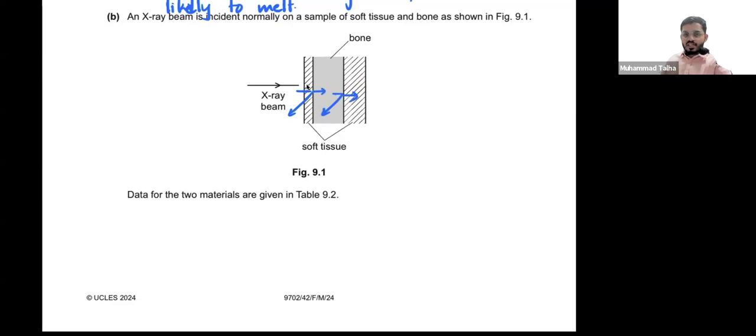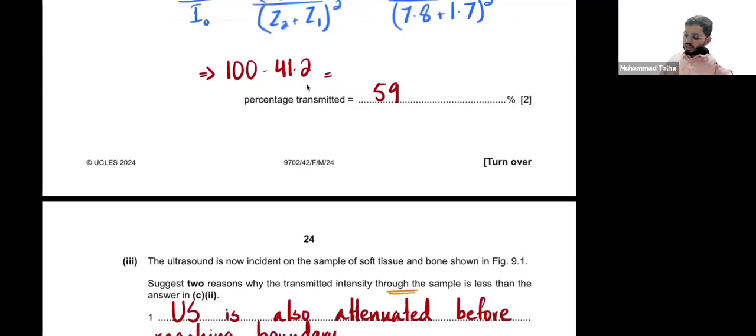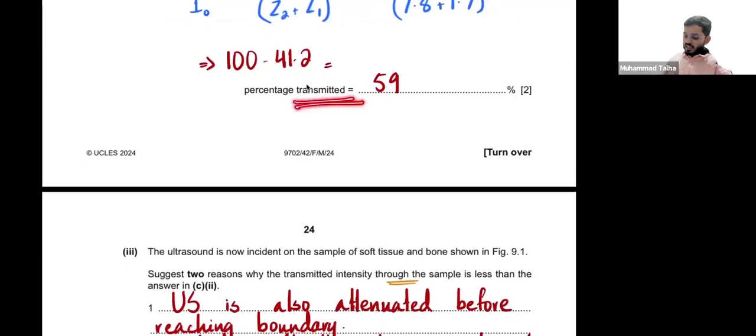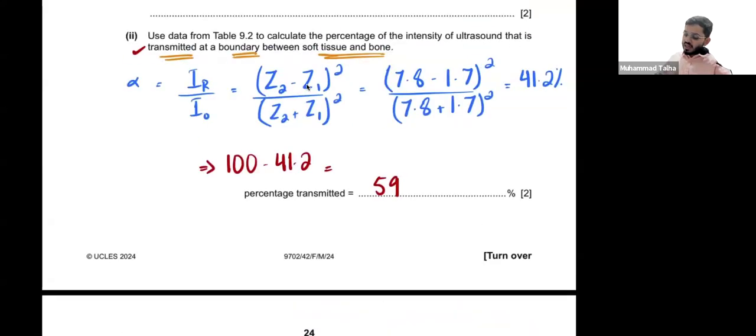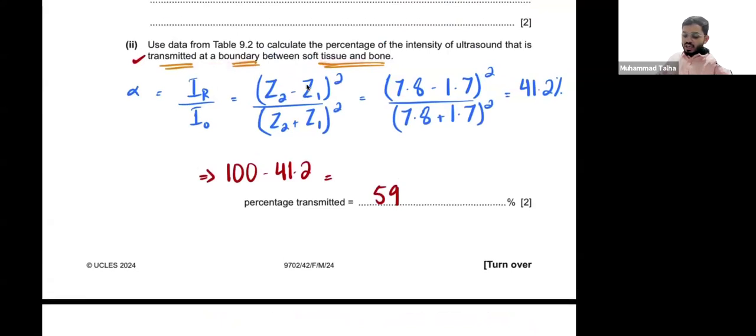The other thing is that we also did not talk about the attenuation which happens when talking about the transmitted intensity, which was the answer in C2, right? We just treated I naught, the incident intensity, as what would be striking each boundary.